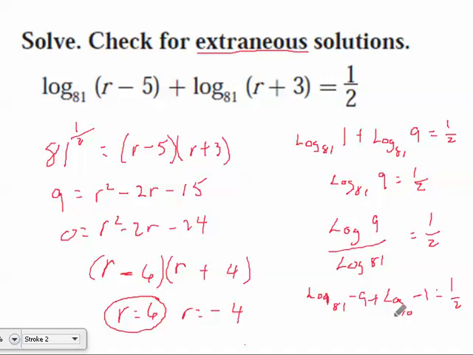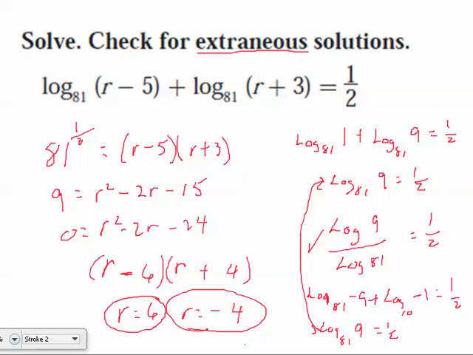So I'm going to once again combine these together, and I'm going to have log base 81 of negative 9 divided by negative 1 is a 9, equals 1/2, and that's exactly the same thing as what I have there. So guess what? Even though it says check for extraneous solutions, both those solutions work. And I don't see an extraneous solution in that one. But that's what you have to do, is go back to check them and make certain that they work.